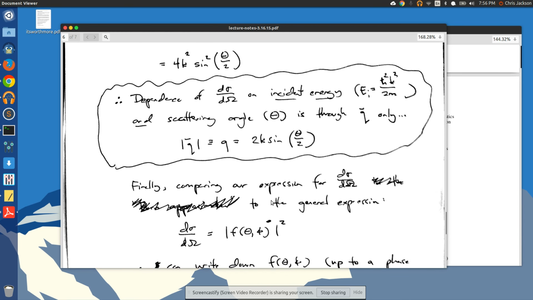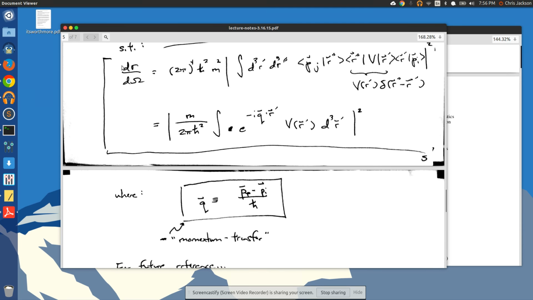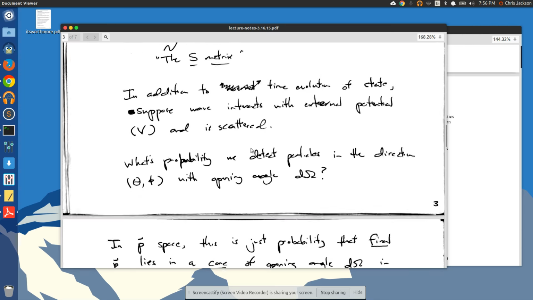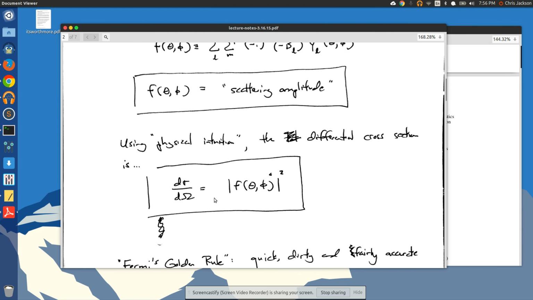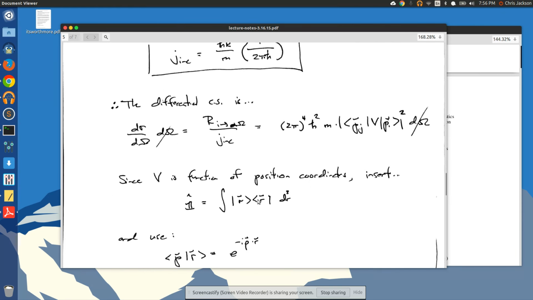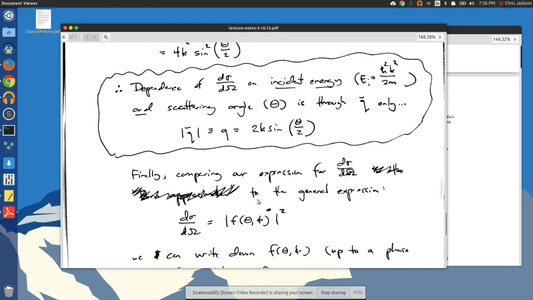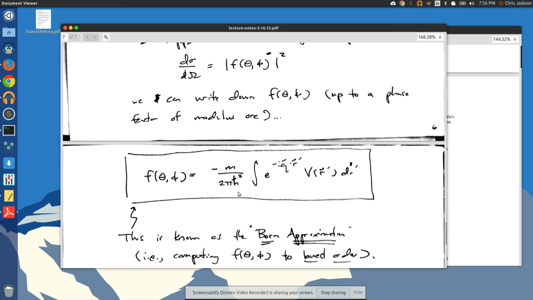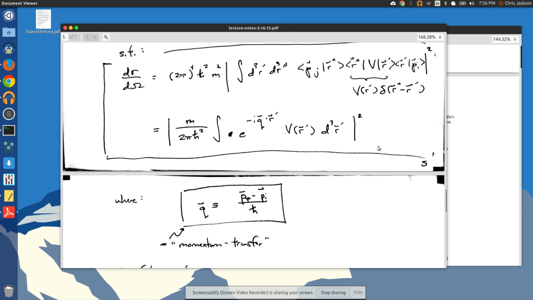Finally, if we take this expression for our cross section and compare it to the general expression, which I had back here, we can read off what the scattering amplitude is. If I match those two, I find that the scattering amplitude is just this piece, because up here we have the modulus squared.